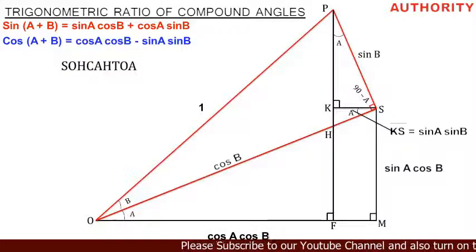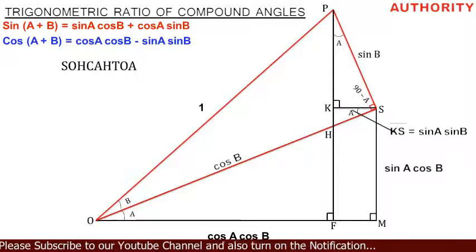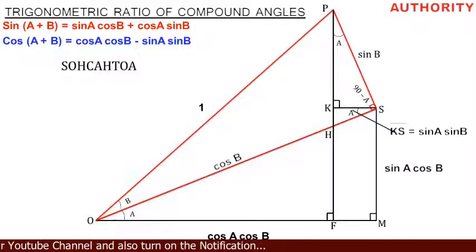Still in the triangle PKS, I want us to find our adjacent, which is PK. So let's use cos A. Cos A is going to give us adjacent over hypotenuse.